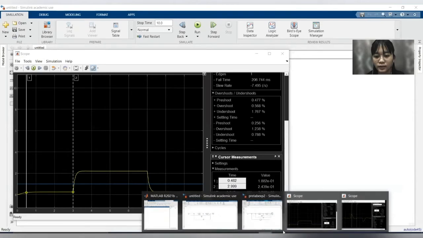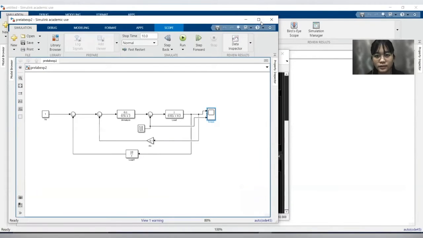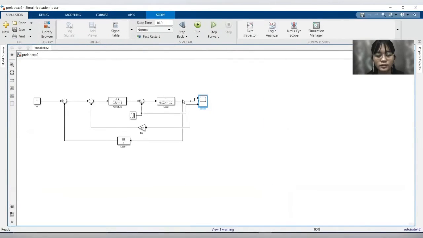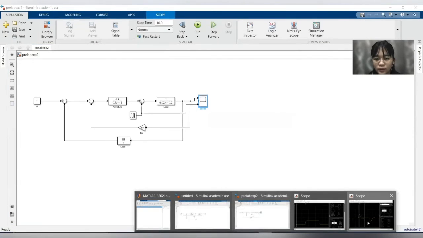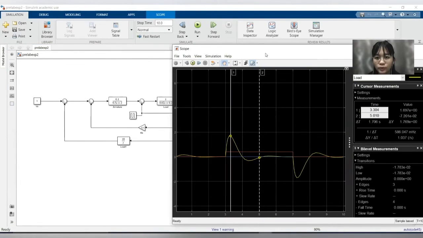Next one is the feedback control, with its output.